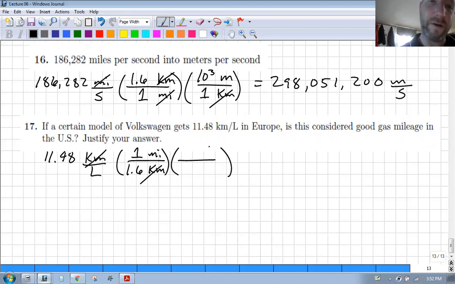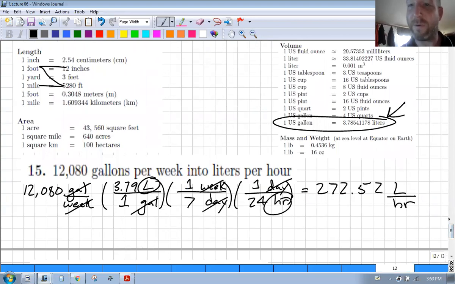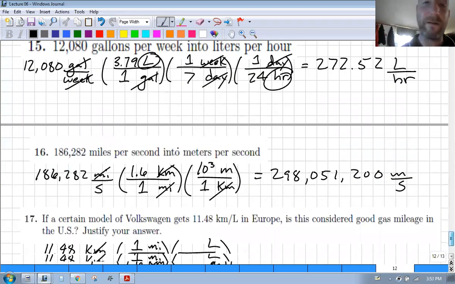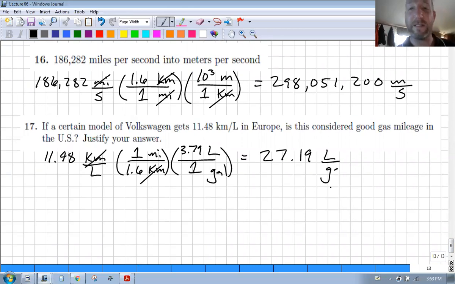Liters are on the bottom, so we got to put liters on the top to get rid of them. We want gallons. 3.79 liters make a gallon. So we have 11.48 times 3.79 divided by 1.6, which is 27.19. And that's not bad.